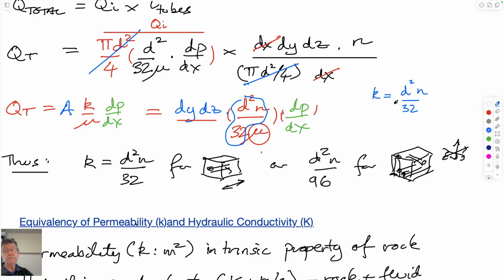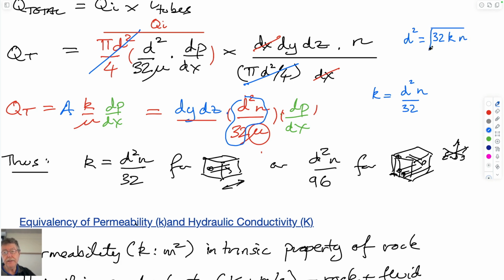And so sometimes, not always, will we want to get the permeability from the diameter, but one way in which we might use this is to rearrange it and rewrite it in terms of the diameter squared is equal to 32 times permeability times porosity.